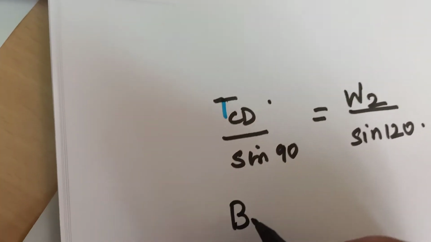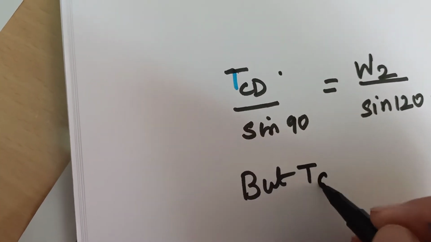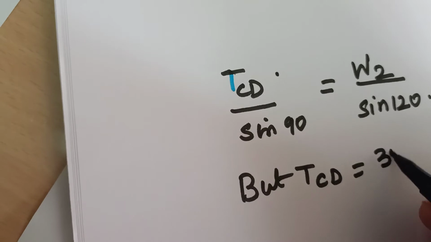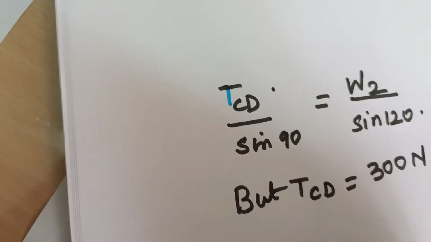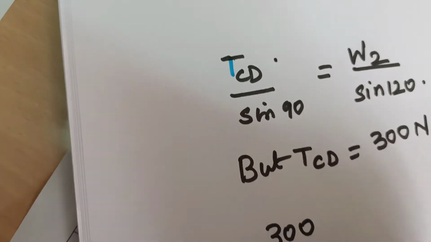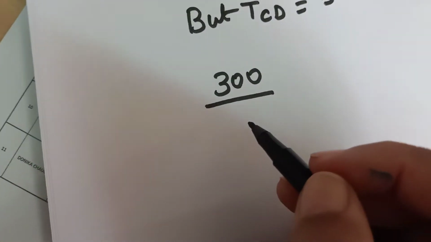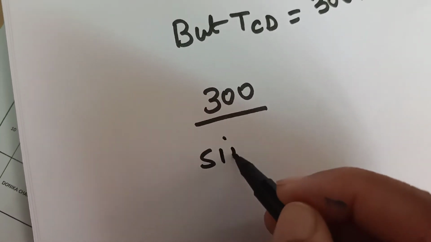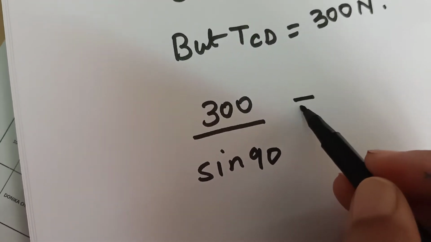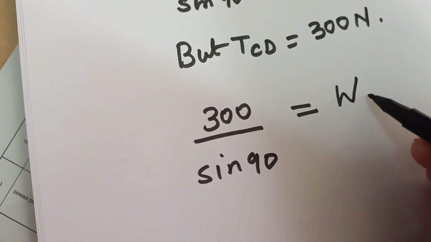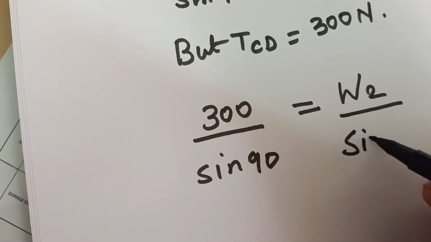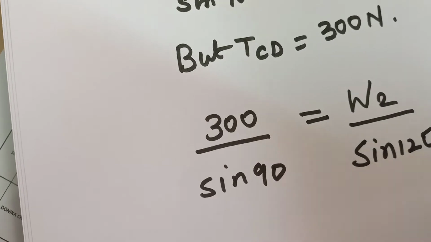But TCD is equal to 300 newtons. So 300 upon sine 90 is equal to W2 upon sine 120.